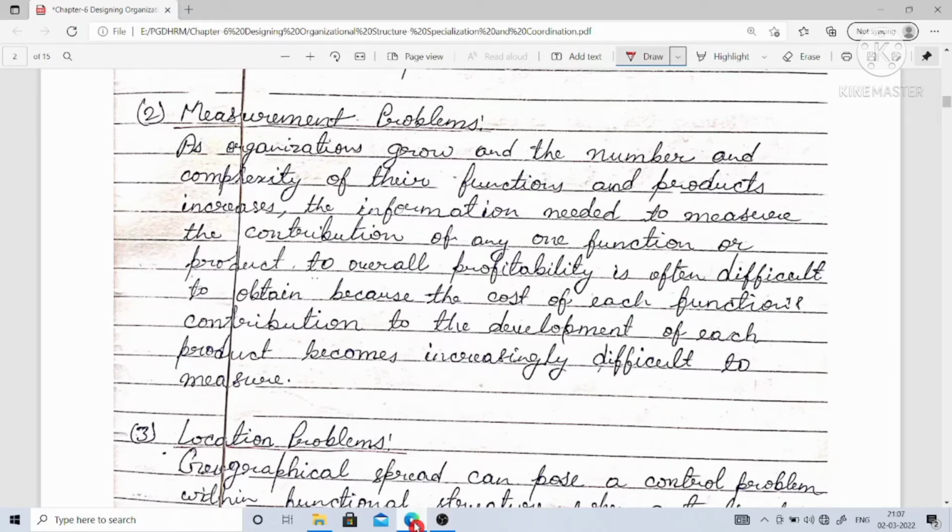Because so many different functions are there, this is the second problem, that is the measurement problem.